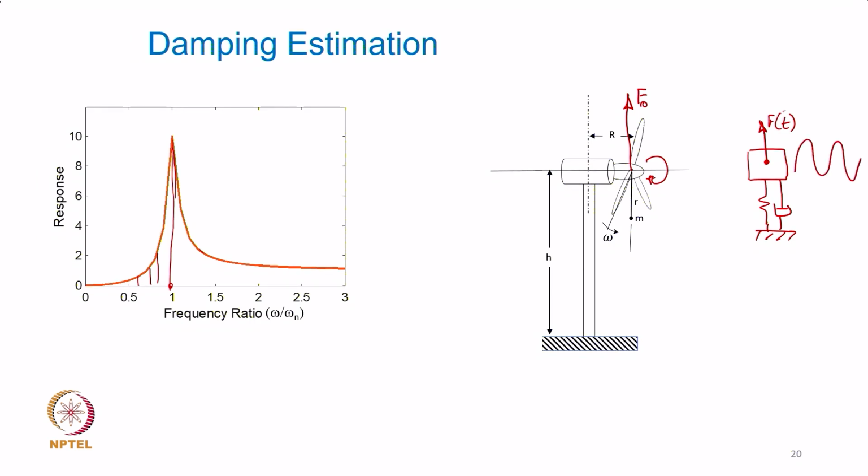This is basically f naught e to the power j omega t, and if I keep on changing the frequency, I will get the amplitudes which vary the way it is shown here in this diagram. Now, if I get this practically by actually doing measurement, I know what is the peak value of my response. So, maybe I will call this xp.